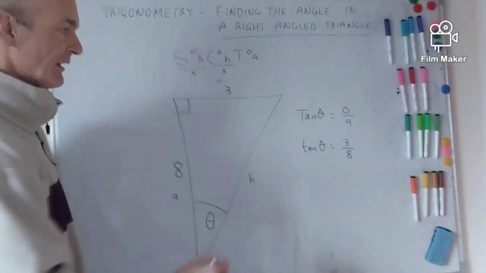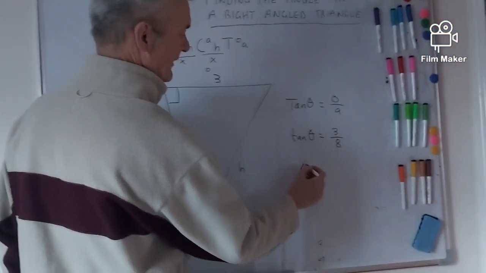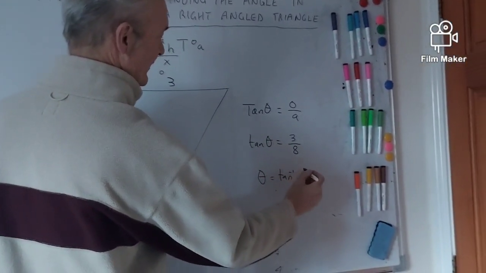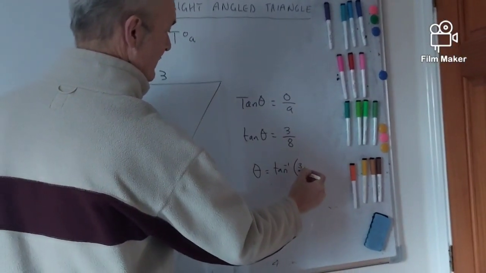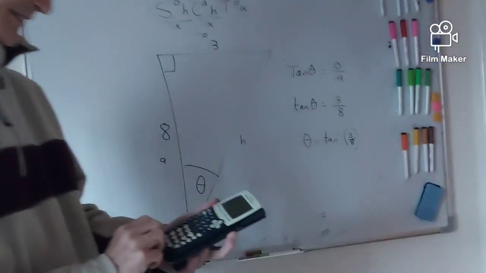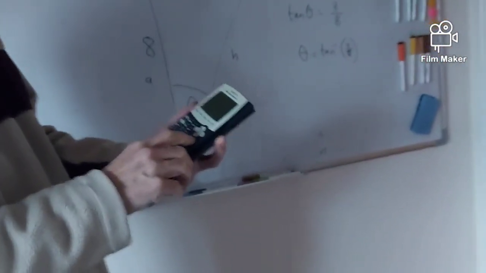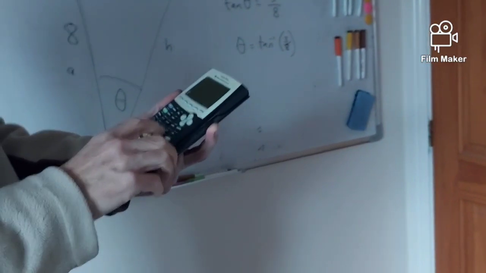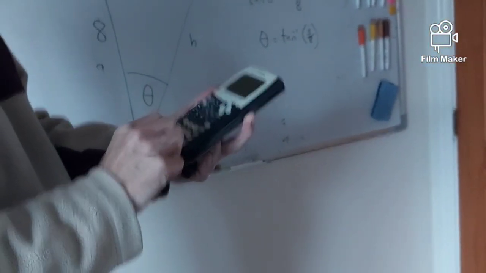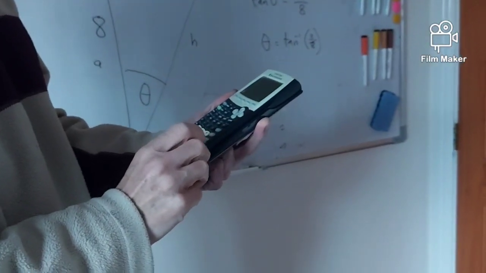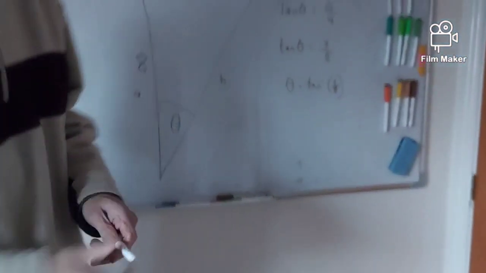Now in order to solve this, we're going to have to multiply both sides by tan to the -1. By doing that, we'll isolate the theta, and that will give us tan to the -1 of 3/8. Now we're going to reach for our calculator, which I've got handy this time, and we are going to do shift or second function tan and 3 divided by 8, which gives us 20.556.